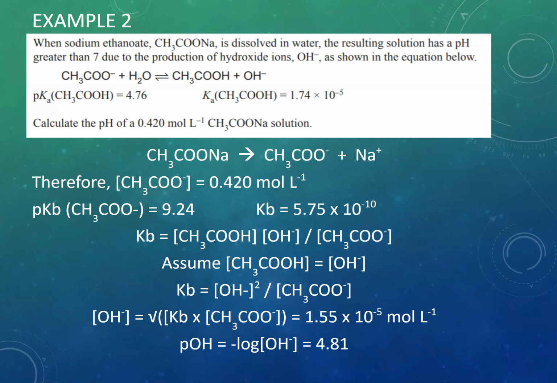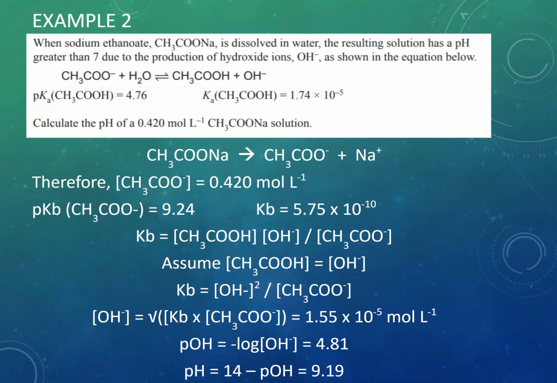My preferred option is to calculate pOH, which is the negative log of OH minus, 4.81, and then calculate pH, 14 minus pOH, which gives me a pH of 9.19.